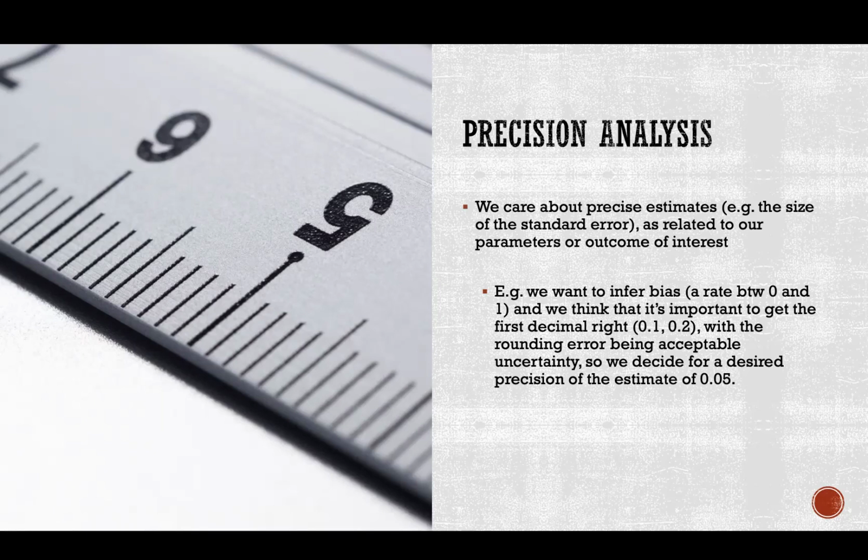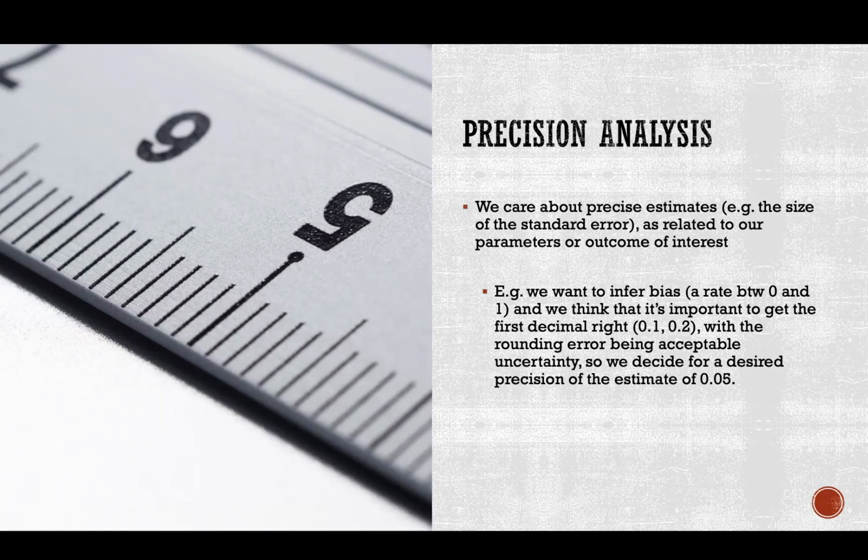If we want to identify a difference of 0.1, we want our estimates of the learning rate in the two conditions, or in the two populations, or whatever our contrast is, to have an uncertainty of half of that. Because that will minimize the probability of overlapping if there is a difference of at least 0.1. Does that make sense?